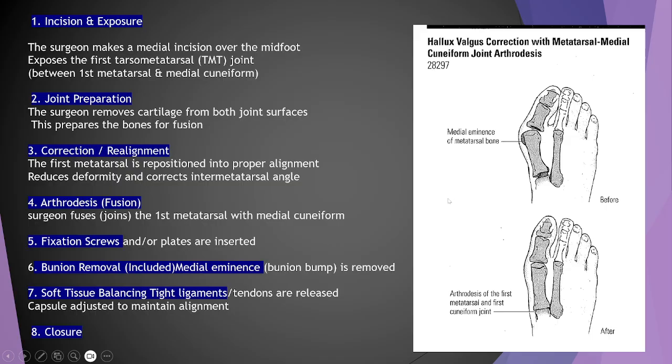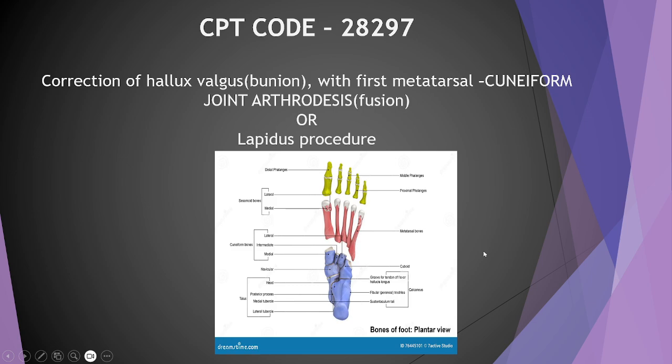So first, what will the physician do? The physician will make an incision over the midfoot, expose the joint between the first metatarsal and the medial cuneiform. Here are the cuneiform bones, and here is the first metatarsal, so the joint arthrodesis has been done between the first metatarsal and the cuneiform bones.